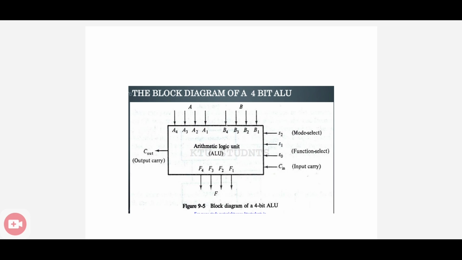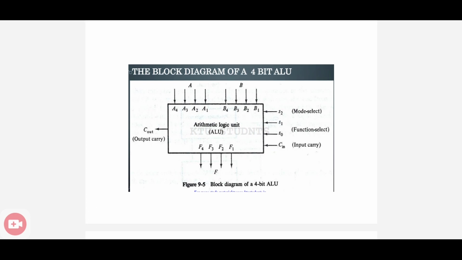And this is the block diagram of a 4-bit ALU. It has 2 inputs, one is A and the other is B, each of which is 4-bit in nature, and it produces a 4-bit output.